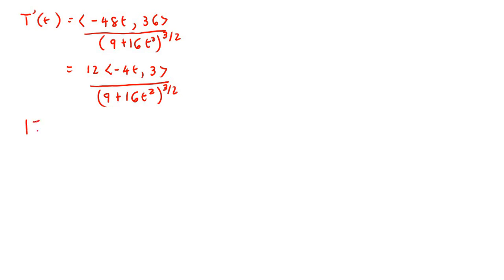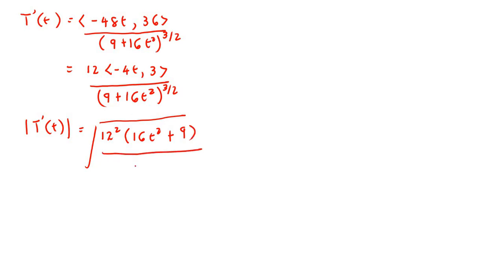Now you find the magnitude of T prime of t. Square root, so each component you square it, so 12 squared. After we square, the magnitude is no longer a vector, it becomes a constant. The magnitude of a vector is a scalar. So 12 squared, negative 4t squared, we have 16t squared, and then plus component j squared, which is 9.